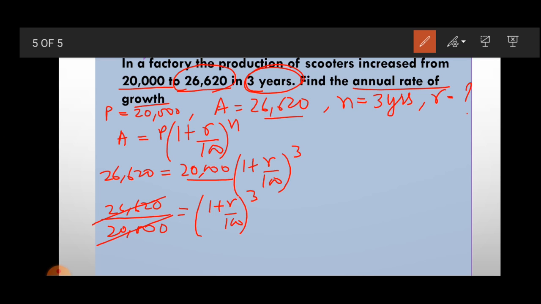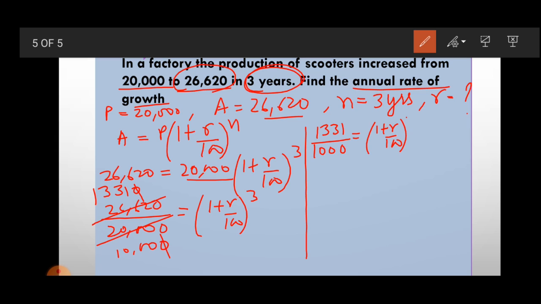Now divide numerator and denominator by 2. We get 13,310 by 10,000. Now cancel 0 from numerator and denominator. We get 1,331 by 1000 is equal to (1 + R/100)^3.